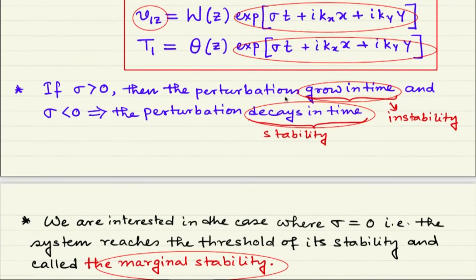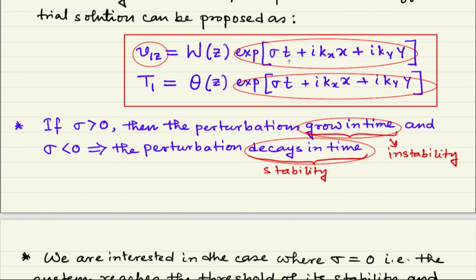If we have marginal stability, then the t dependent part will go away, and we simply have v1z equal to W of z times exponential of i kx times x plus i ky times y, and T1 equal to theta of z times exponential of i kx times x plus i ky times y.